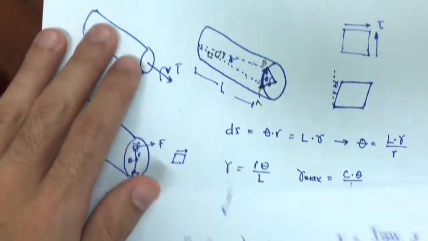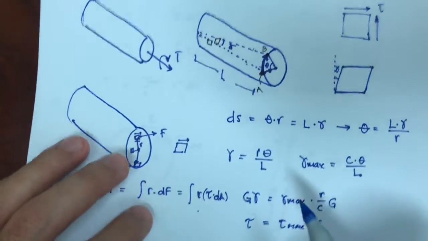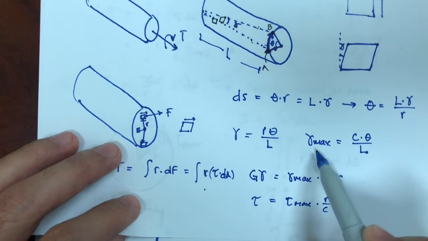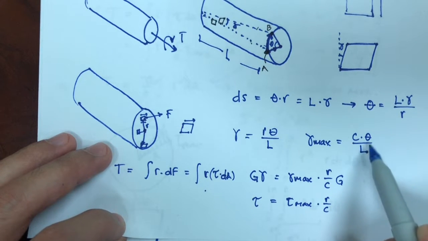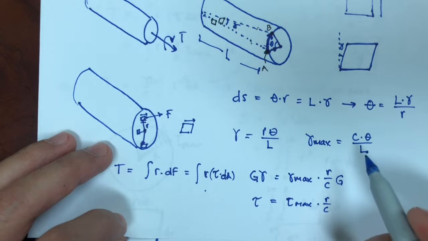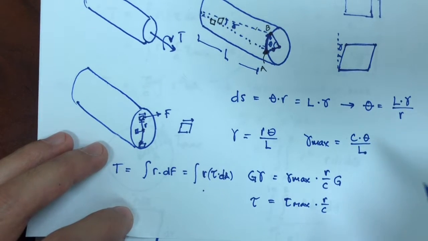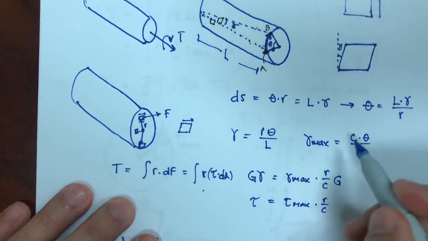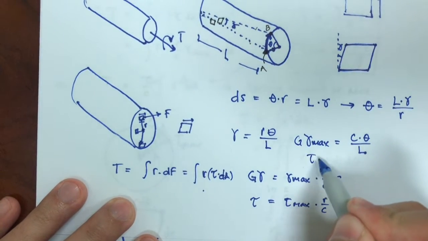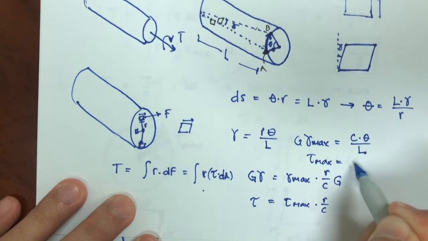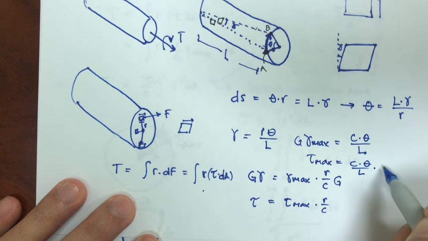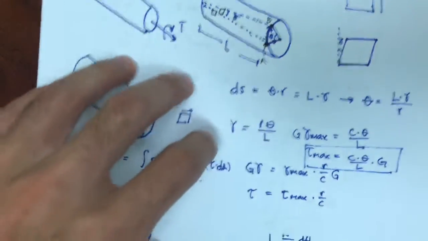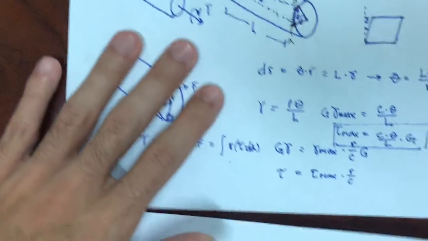And so going back to this relationship that I had with the angle gamma, and knowing that gamma max was C theta over L, I can write that if I multiply this by G here, I would get a tau max. So basically C theta over L times G would be my tau max, but I already know what tau max is.